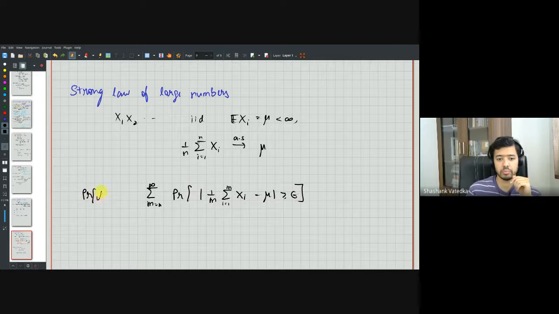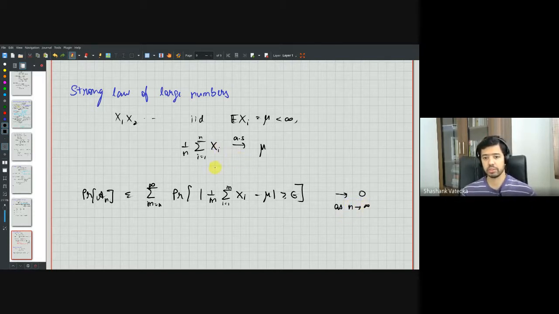So the probability of An is upper bounded by this quantity, and if you can show that this summation tends to 0 as n tends to infinity, then we are done.